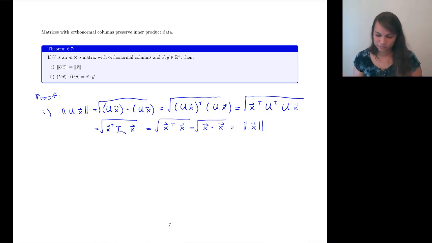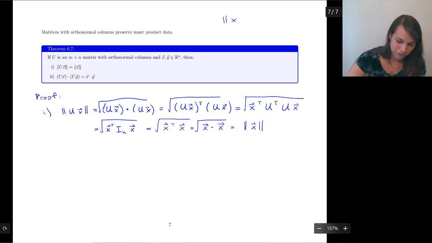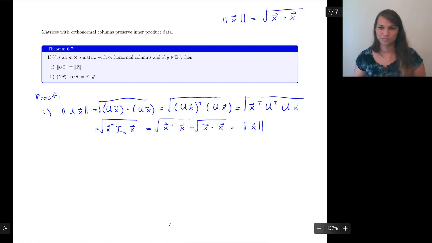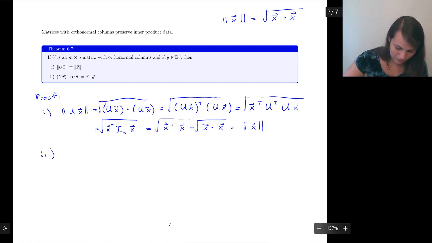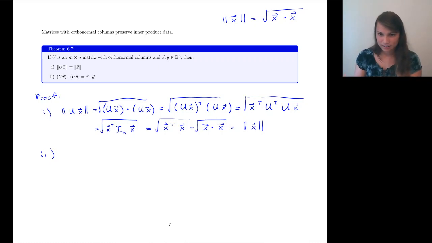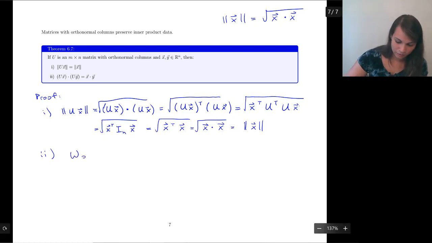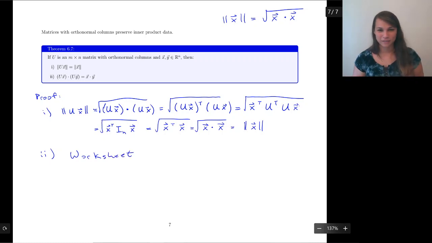There we go. Because remember, norm equals the square root of x dot x. Sorry, please forgive me. And then number 2 is actually very, very similar, which is why it's on your worksheet, so that'll be for you guys to delve into.